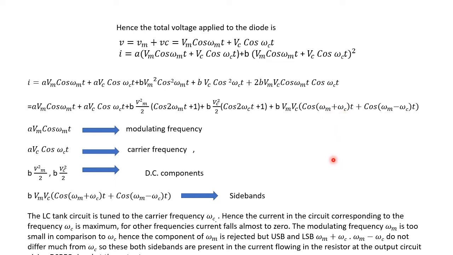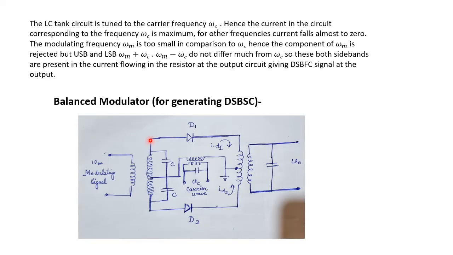And this was the aim of this circuit, to get at the output the signal in which the carrier component and the two sidebands, lower sideband and upper sideband, are present. That is, we are getting double sideband and full carrier wave at the output of a square law modulator. So with the help of a square law modulator, we can generate double sideband full carrier wave.